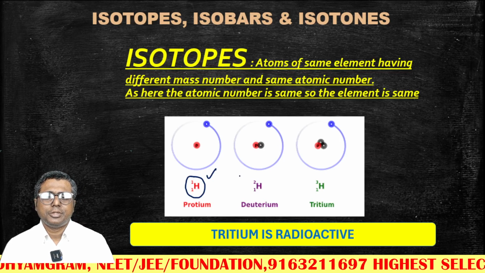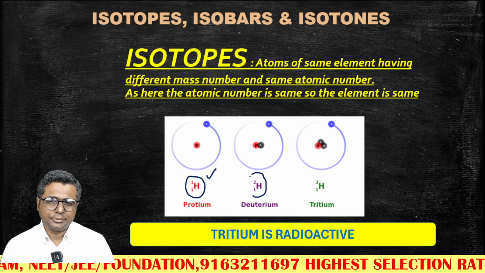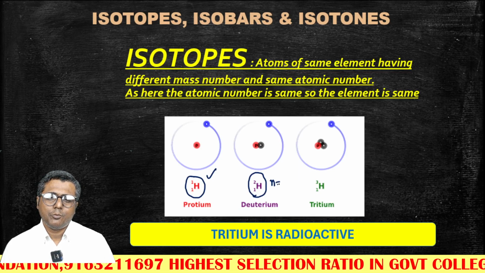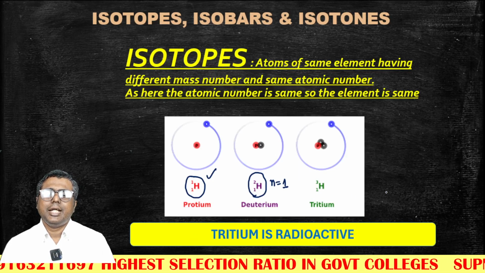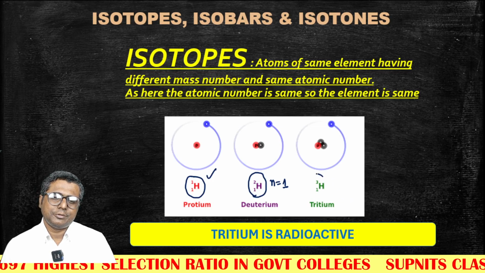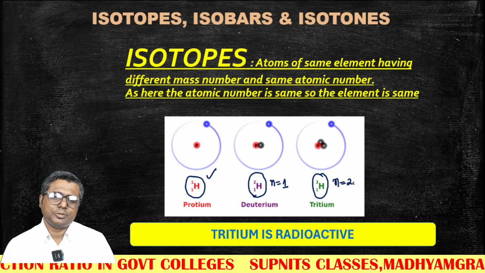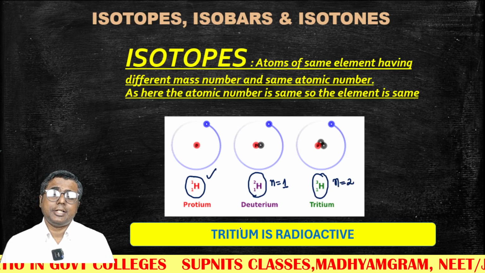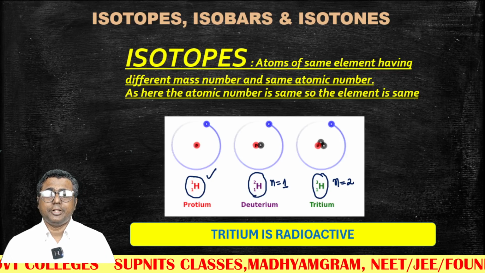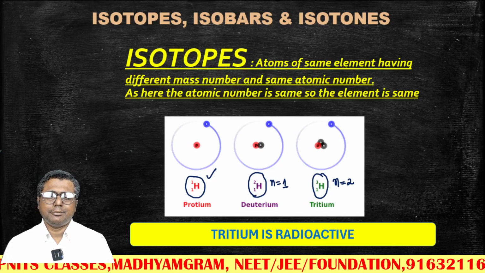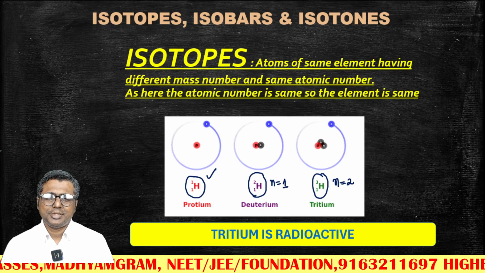because now you know that there are isotopes of hydrogen like deuterium, 1H2, which has 1 neutron, and tritium, which has 2 neutrons. So these 3 are the isotopes of hydrogen. All of these have the same atomic number, but the mass number is different, correct.